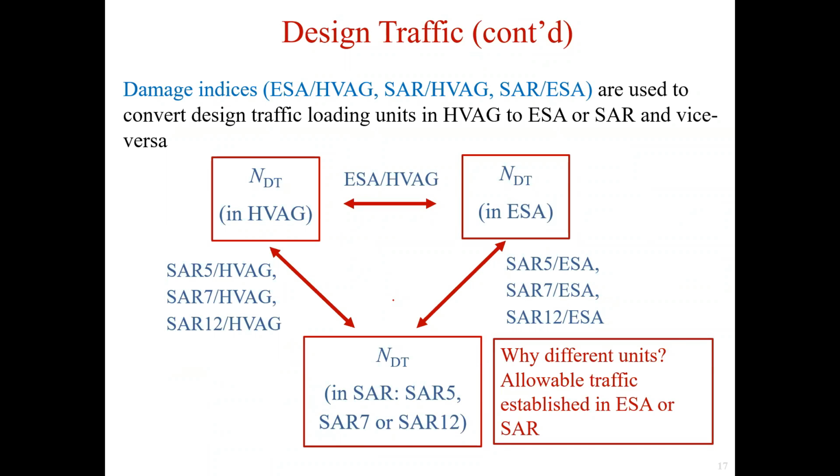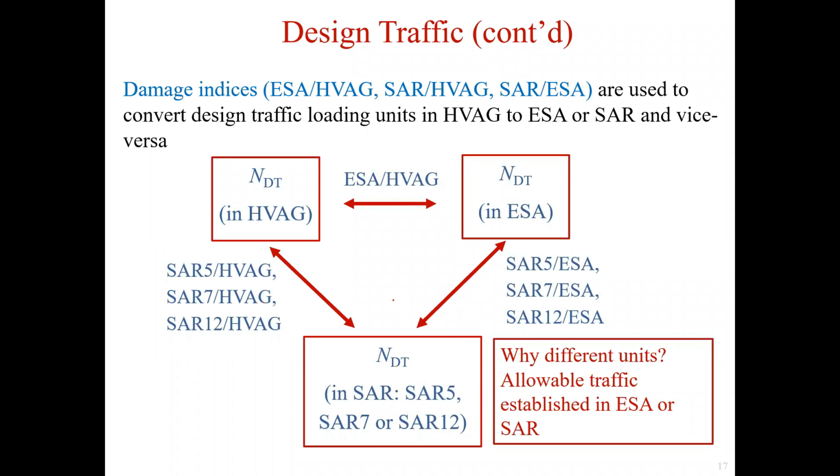If we want to convert the design traffic loading units in HVAG and SAR, and vice versa, we need to use the damage indices: ESA over HVAG, SAR over HVAG, and SAR over ESA.